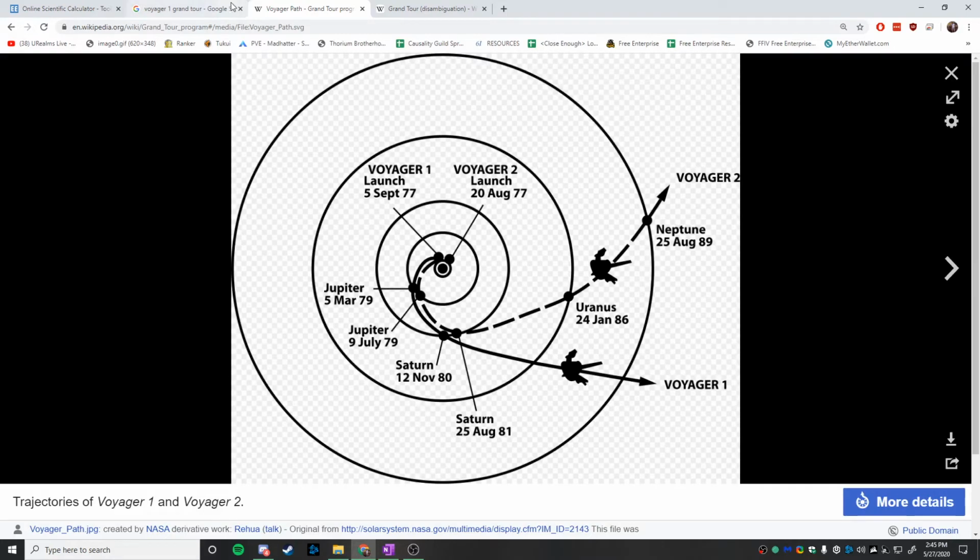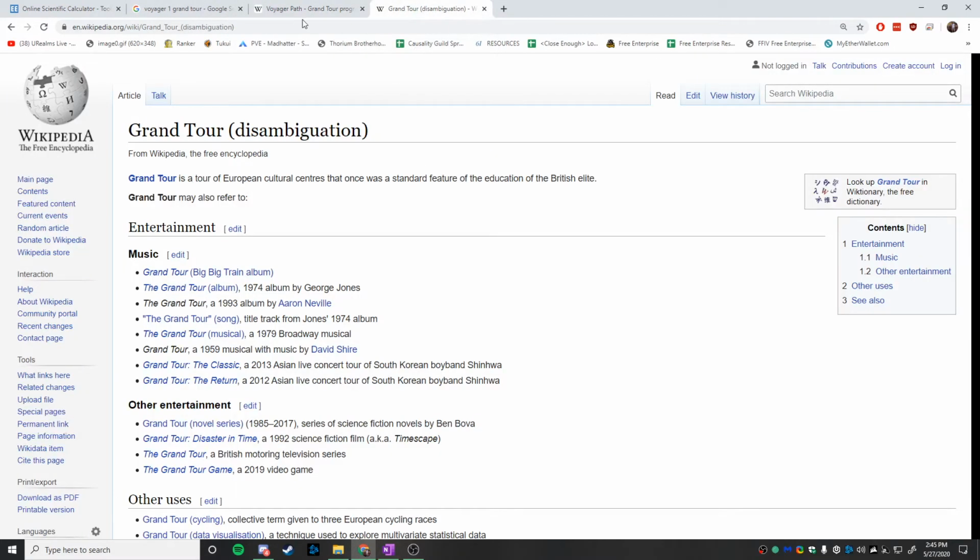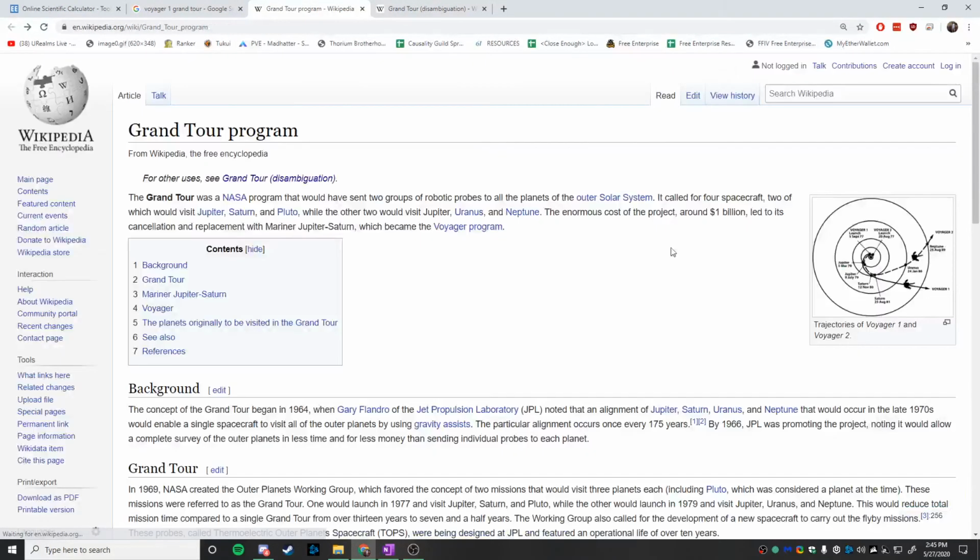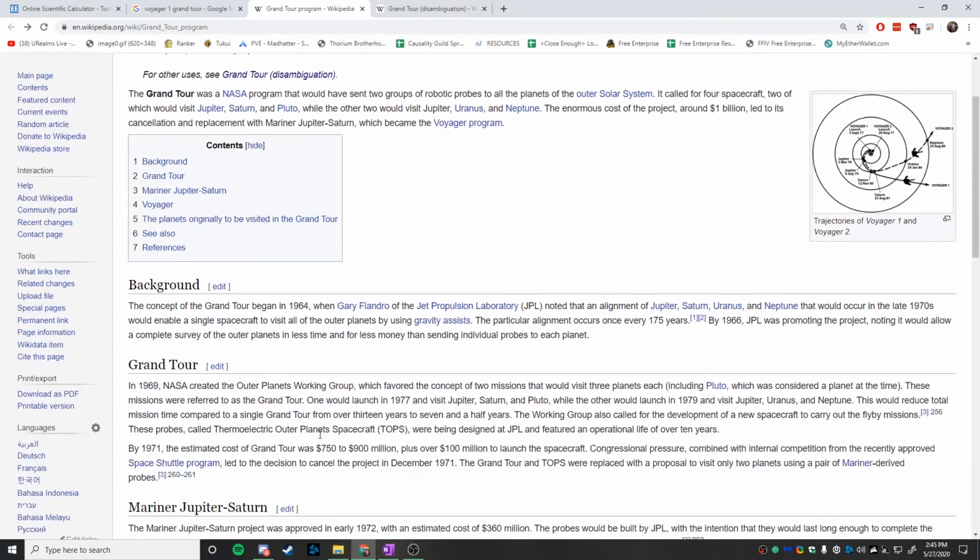Okay, wait. Voyager path. One second. Let me just make sure that this isn't... Did it actually happen, though? One launched in 1977. This would reduce the mission time compared to a single Grand Tour over 13 years, 7.5 years. Working group, and so on.